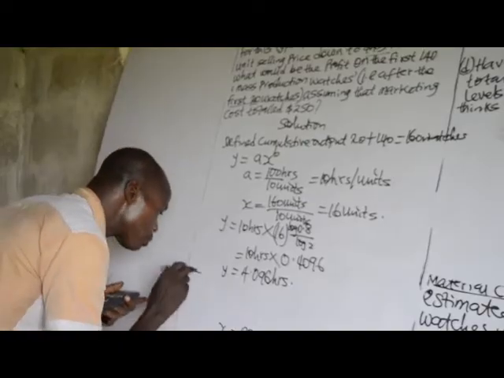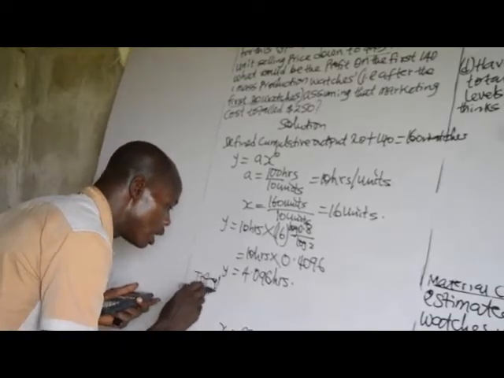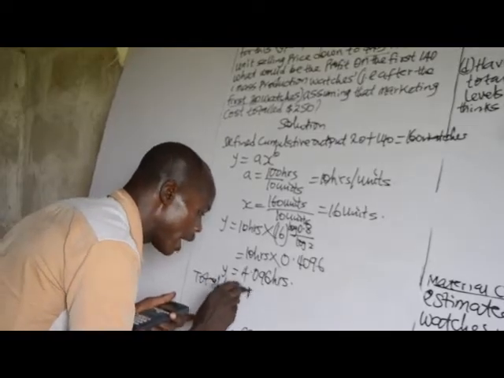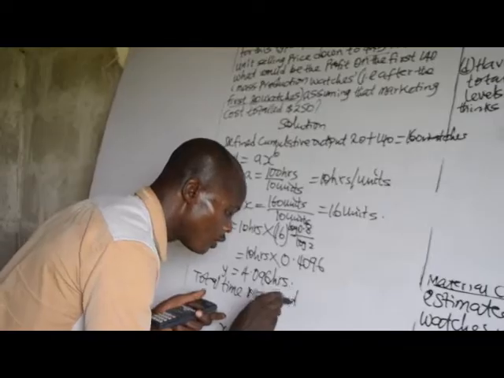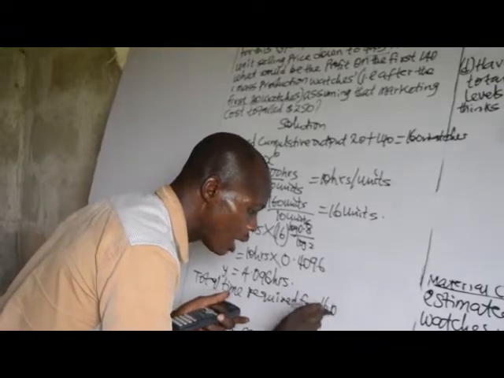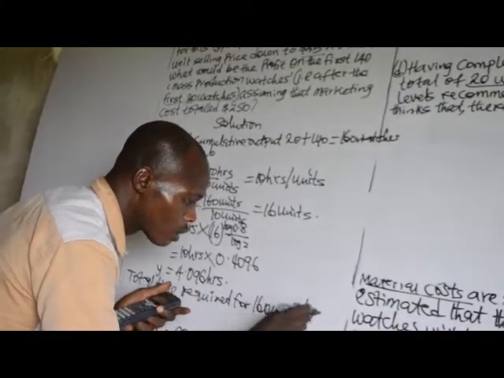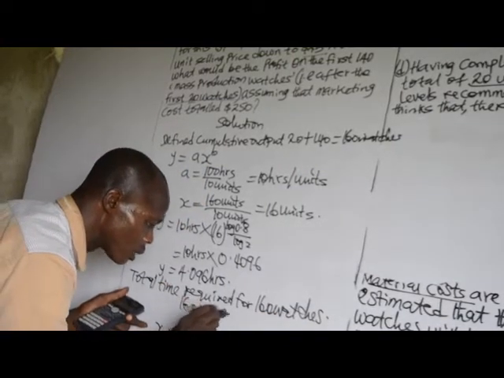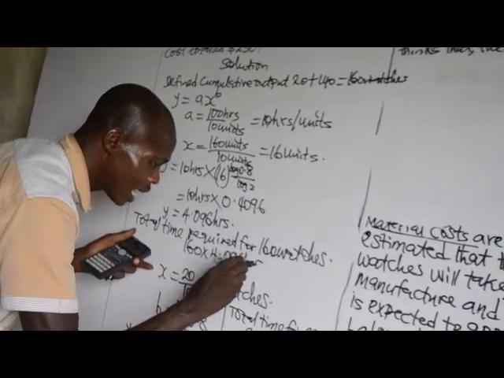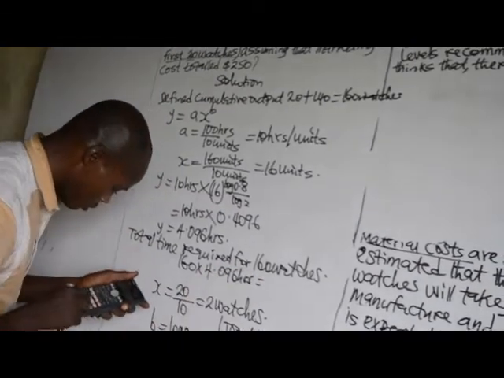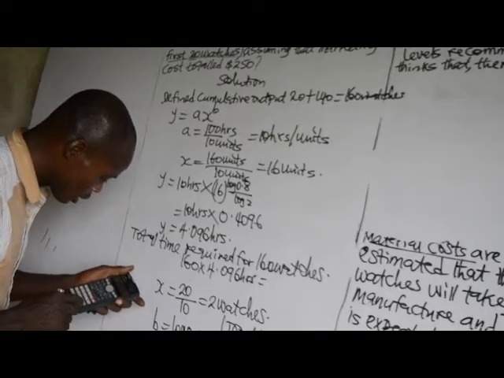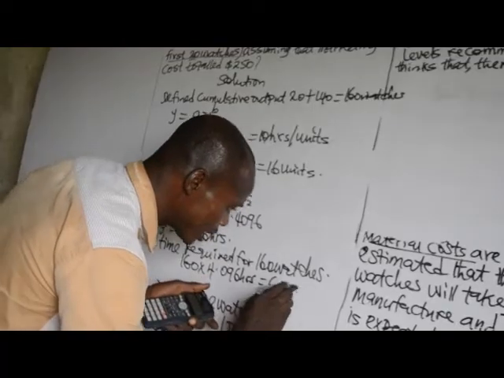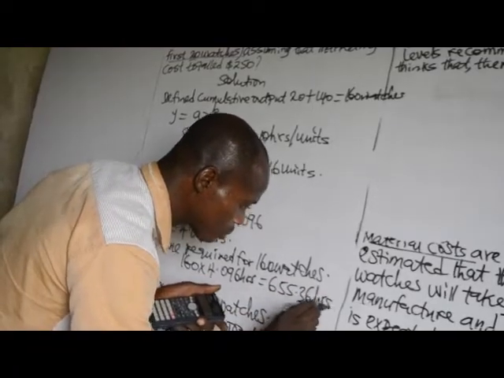So total time or hours required for the whole 160 units, or watches rather, 160 watches, will be 160 times 4.096 hours. That gives us 655.36 hours.